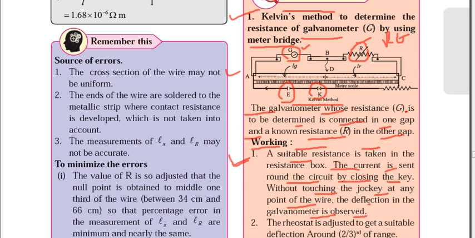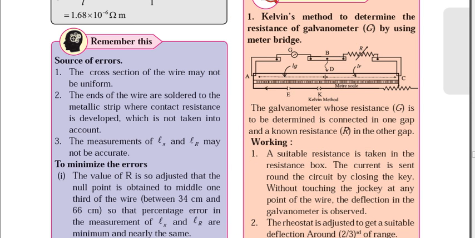So that is the first step. So in the first step, first we have to choose the suitable resistance from this resistance box. Then current will flow through the circuit by closing this key K. So after that, without touching this jockey, we have to observe the deflection in the galvanometer.